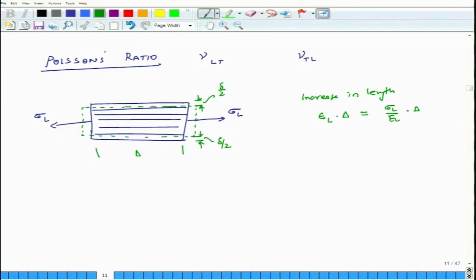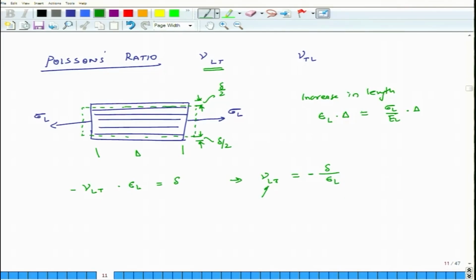And this reduction in thickness is related to nu LT. Nu LT times epsilon L, negative of that, will give us delta. So, nu LT is equal to delta over epsilon L, and the negative of that. This is the definition. What do you see here?